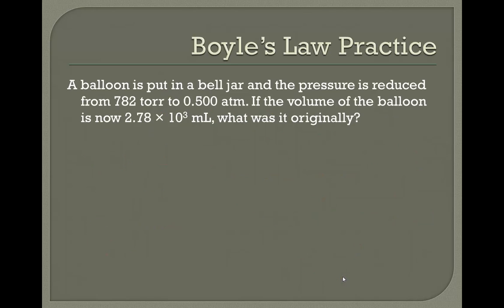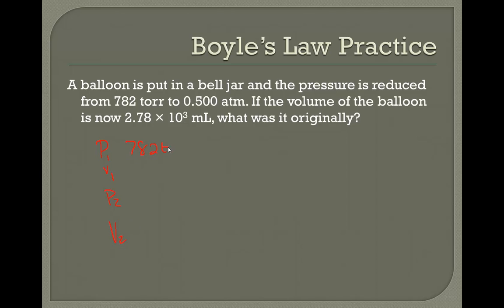The next example. A balloon is put in a bell jar and the pressure is reduced from 782 torr to 0.500 atmospheres. So P1, V1, P2, V2. Our first pressure is 782 torr.